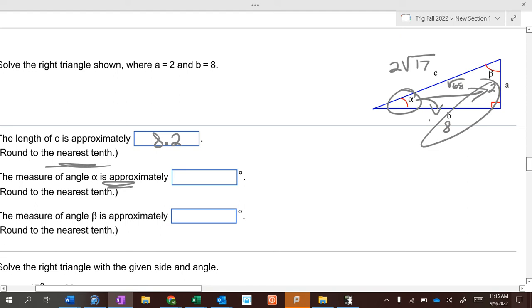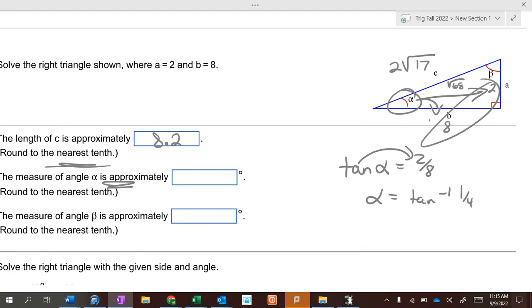Opposite and adjacent is tangent. The tangent of my angle A equals 2 over 8. Hey, this is like our warm-up exercises. If you move the tangent to the other side, it's the inverse tangent of 2 over 8, or 1/4. What's the inverse tangent of 1/4? Calculator. 14.0.